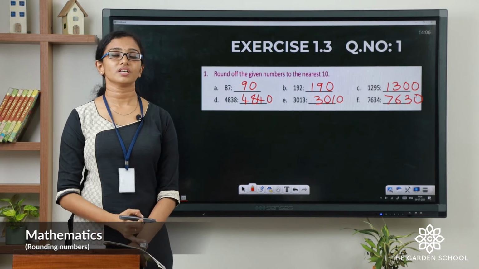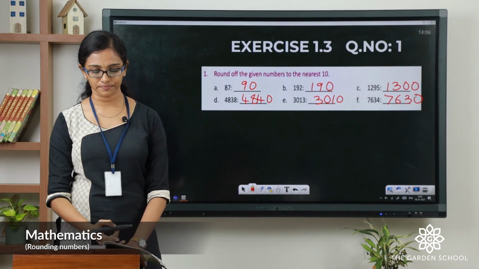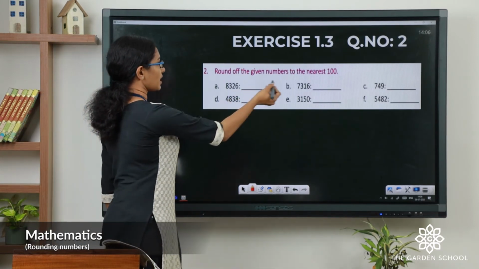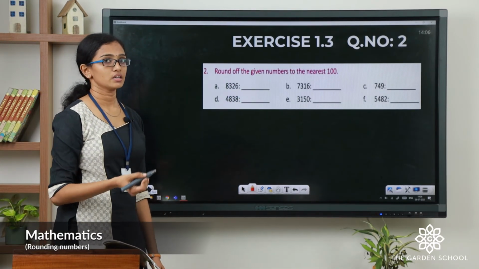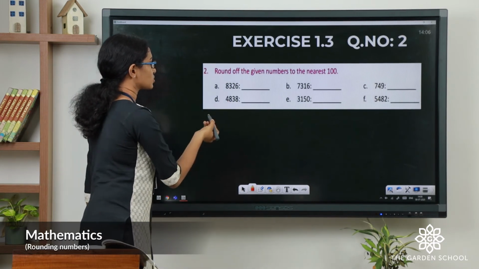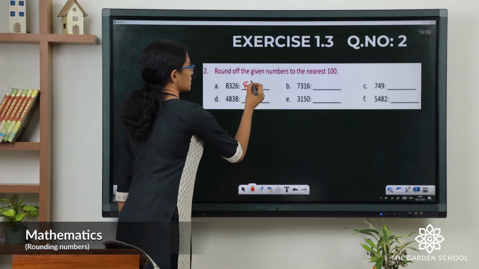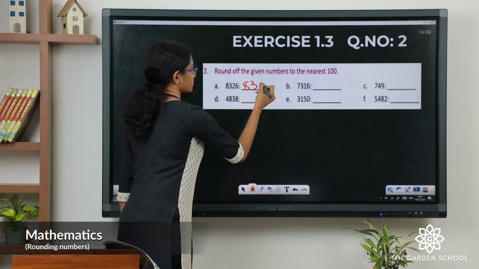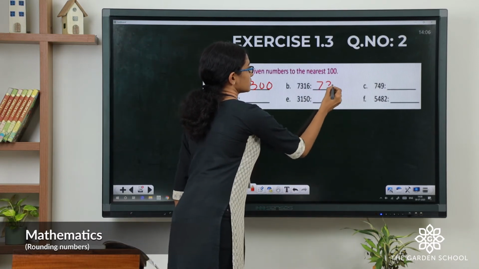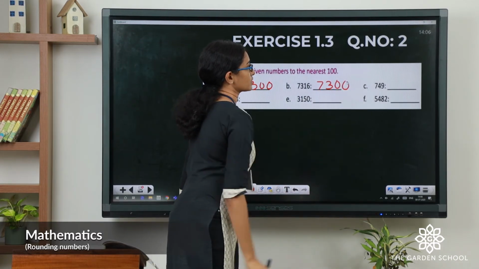So now let's move on to the next question. Question number 2. Here we have to round off to the nearest 100. So you have to check the digit in the tens place. So here tens place it's 2. So rounding off will give you 8300. Here it is 7300.